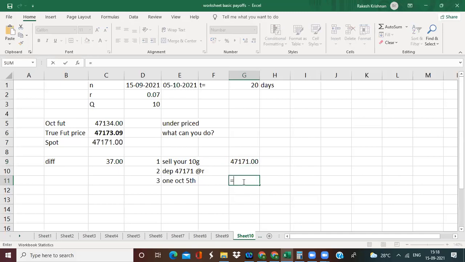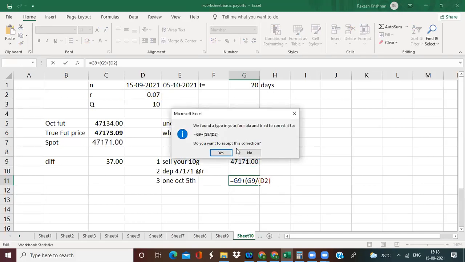R is 7%, and R raised to how much? 20 days.